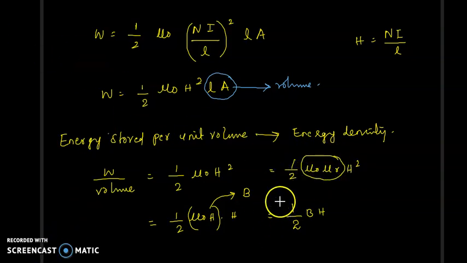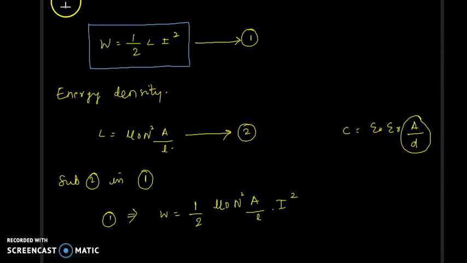So finally we derived two very important expressions of electromagnetics: energy density is half B H, and the magnetic energy stored in the inductor is half L I squared.